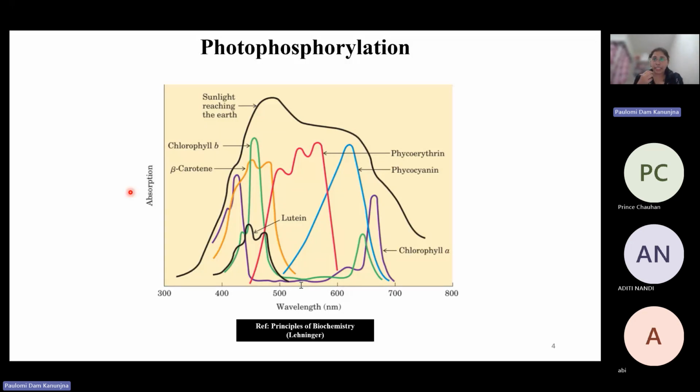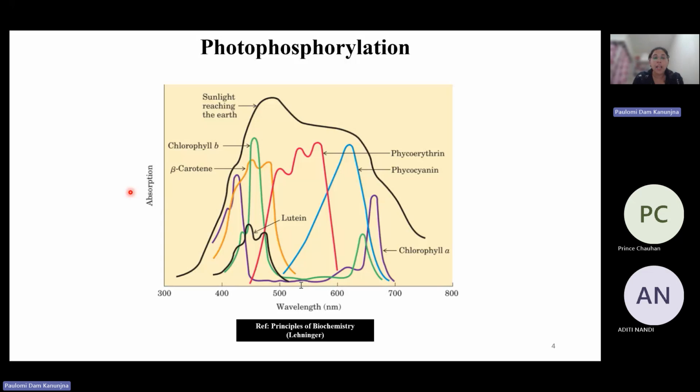They get excited. So when a molecule that has absorbed a photon gets excited, it's called an excited state. This excited state is generally unstable, so it has to come back to its stable form. So what happens concomitantly, or along with this, is an electron which is lifted to a higher energy orbital.